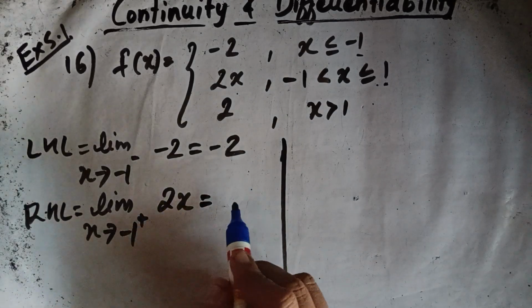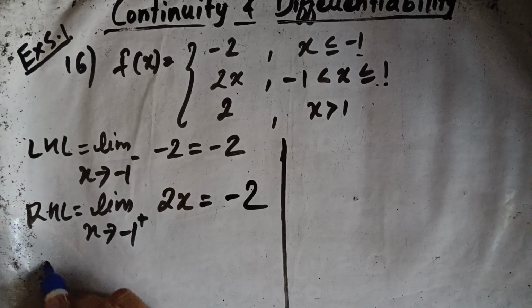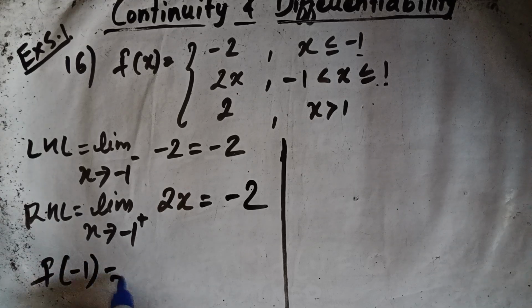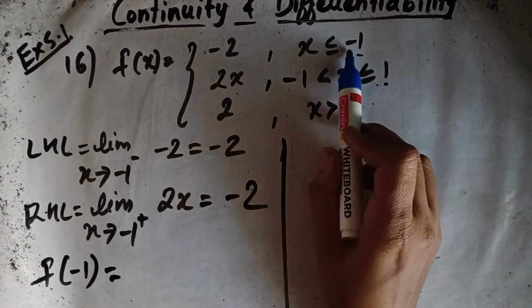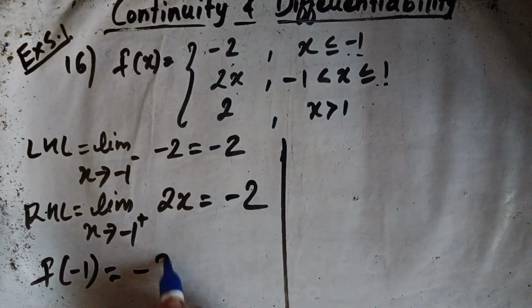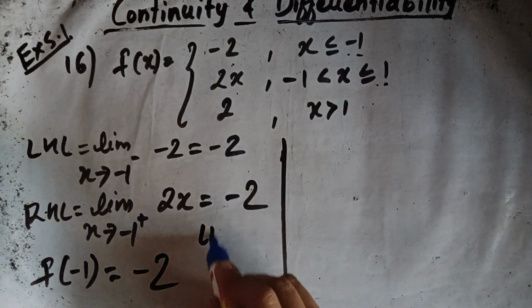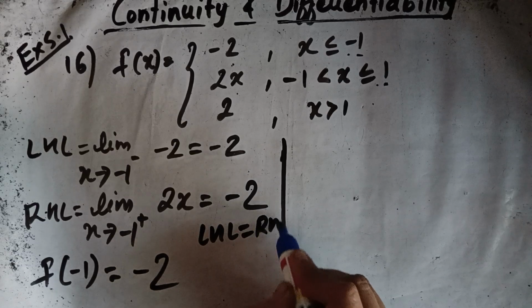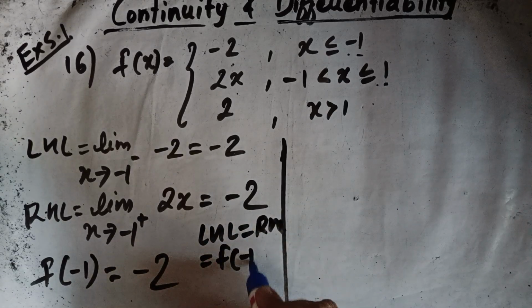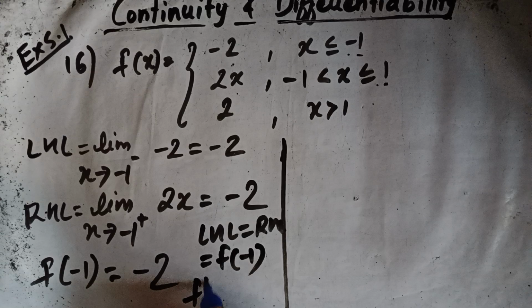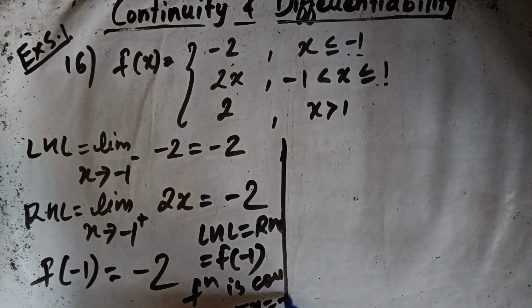So 2 into minus 1 is minus 2. For f of minus 1, at x equal to minus 1, you have to take this, minus 2. Here all are equal. LHL is equal to RHL is equal to f of minus 1. So we can say that the function is continuous at x equal to minus 1.